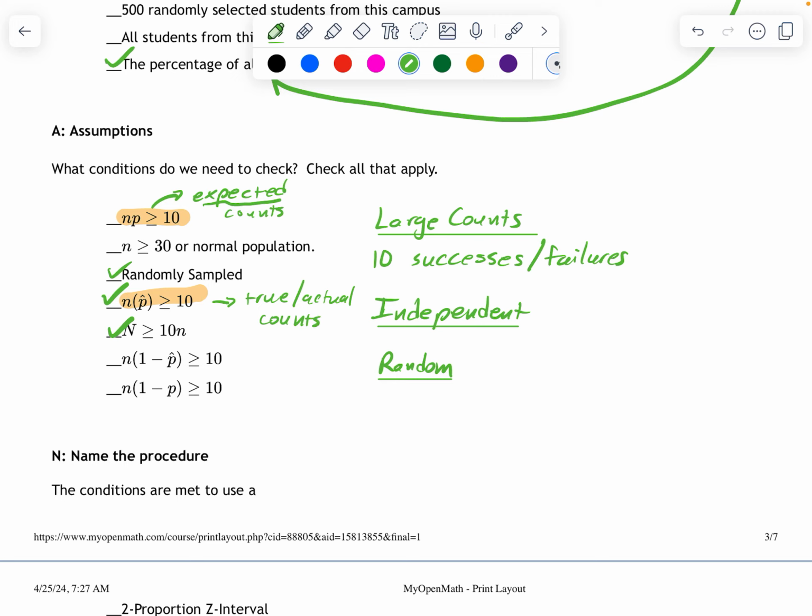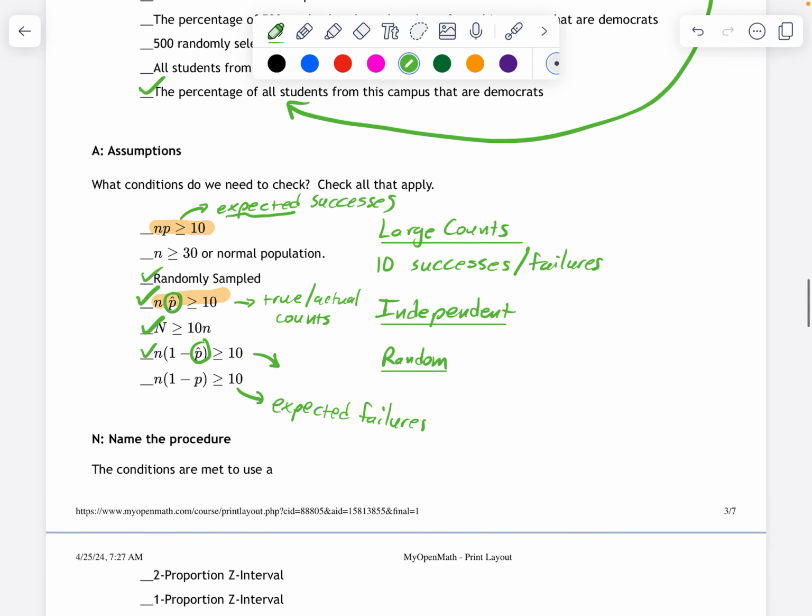But for your purposes of getting it right on the homework, you want to do the P hat ones. Even furthermore, this would be expected successes, and this one would be expected failures, or people that are not Democrats.